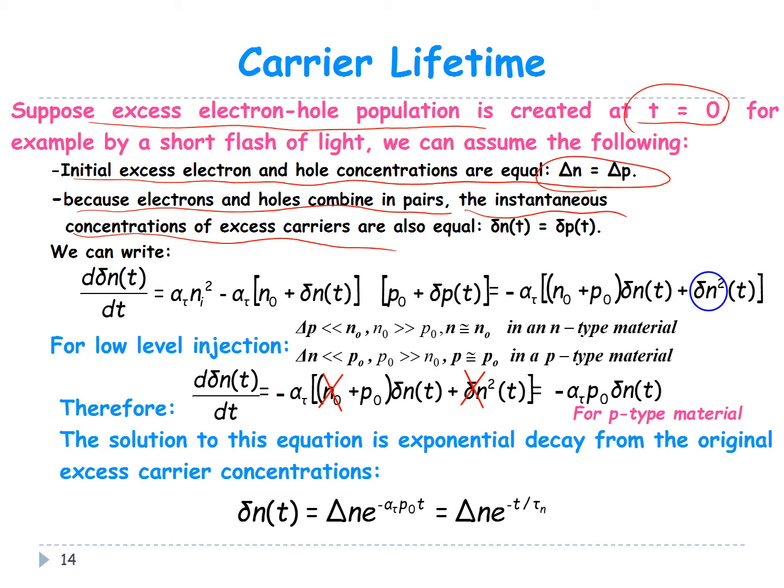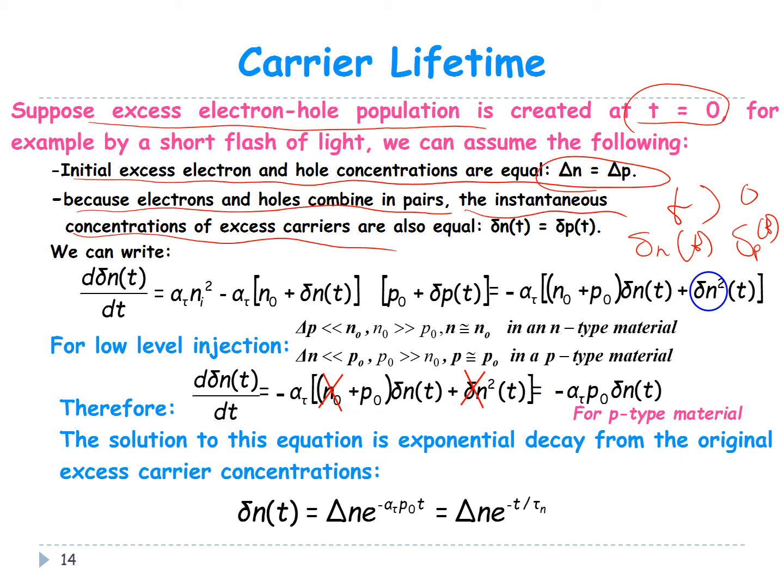So at a time t, which is greater than 0, we represent the excess electron and hole concentrations with small letter delta. So we put t, which simply means it's a function of time. So this delta is the excess electron carrier concentration at time t, and we'll have delta p of t, like that.